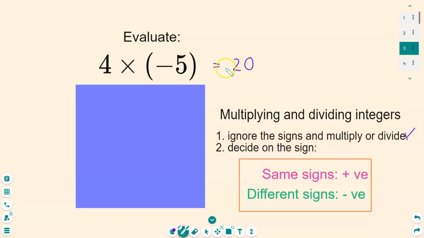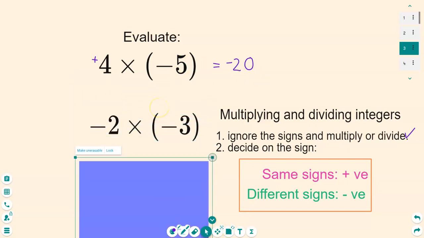And then we decide on the sign. Same signs gives a positive number, different signs gives a negative number. What do you notice about the signs here? There's a little invisible positive sign and a negative, so we've got different signs. So positive 4 times negative 5 is negative 20.